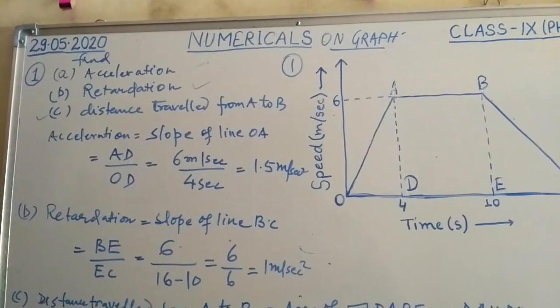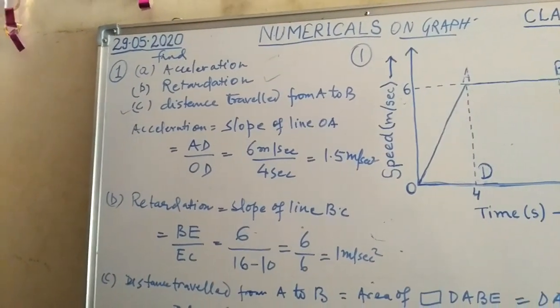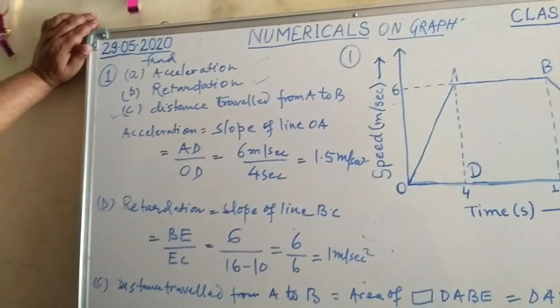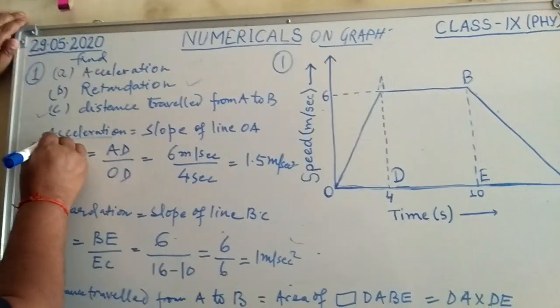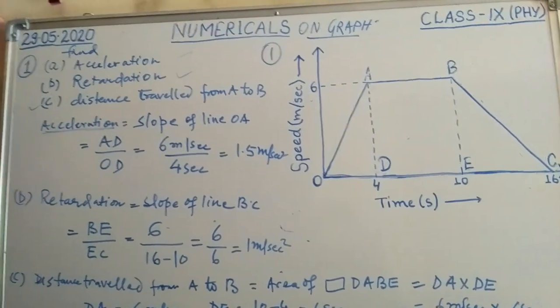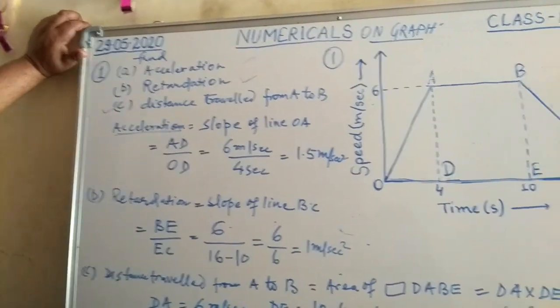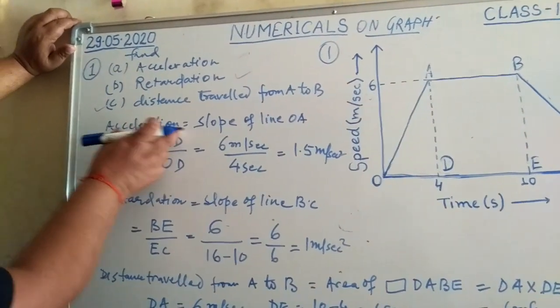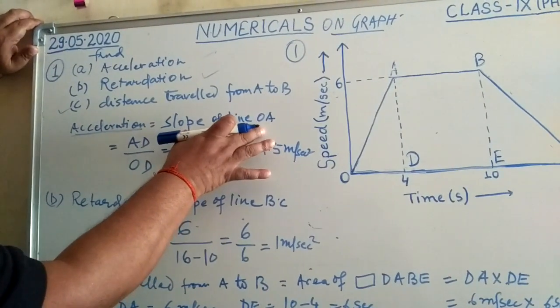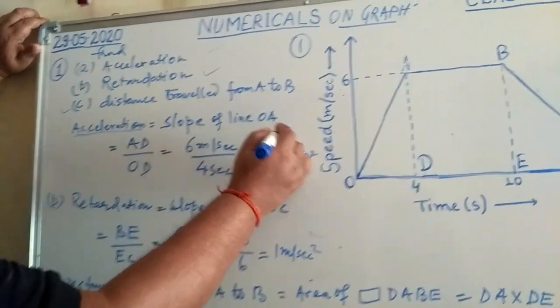As from the graph basics, we know that in a speed-time graph, whenever acceleration is calculated, acceleration is represented by the slope of line OA.